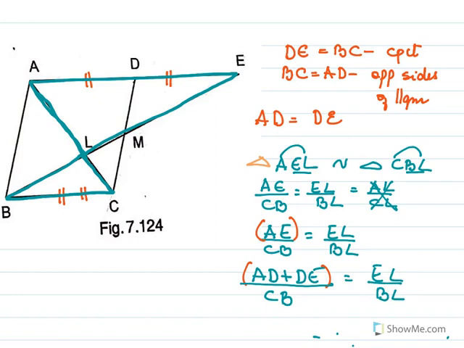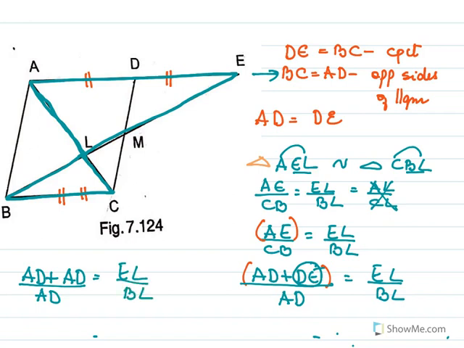Now CB is equal to AD, so for CB I write AD. Further, DE is also equal to AD. So I write AD plus AD over AD equal to EL over BL.